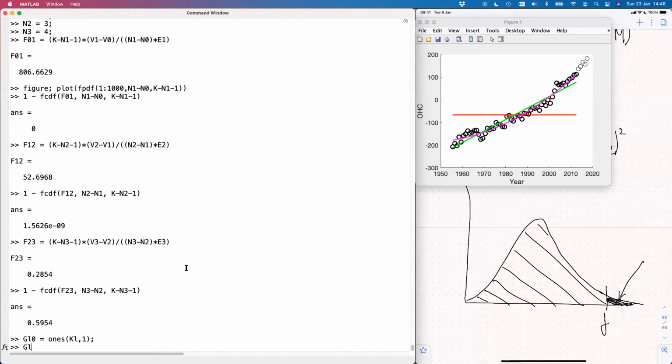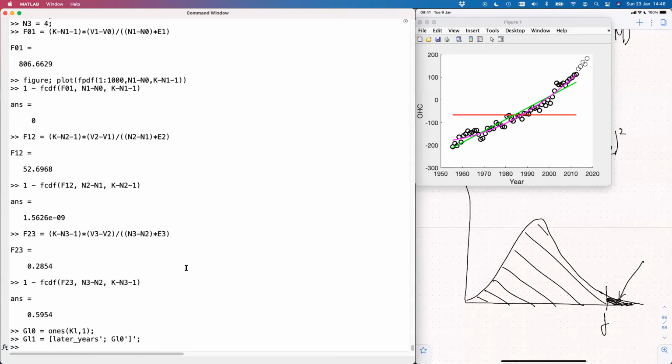And much as before, we can define these different design matrices somewhat recursively. So for GL1, we want the column of years, the independent variables, and then we just append that to the design matrix for model 0. Like so. And similarly, for model 2, we just append the left out years squared.